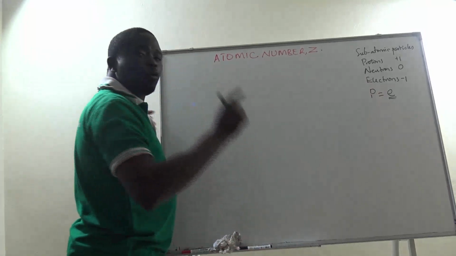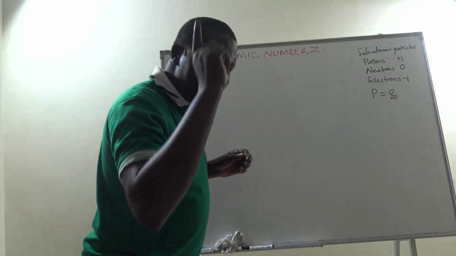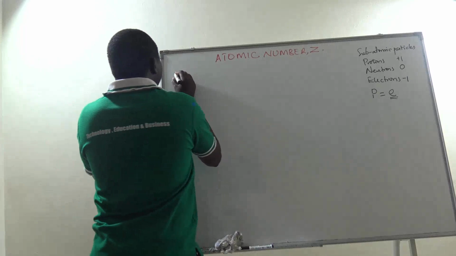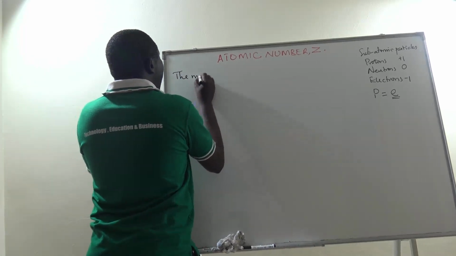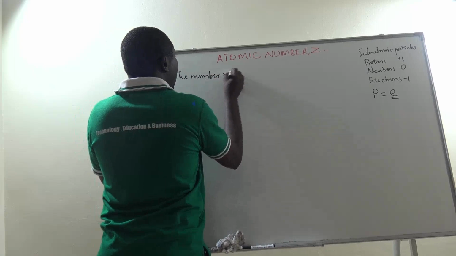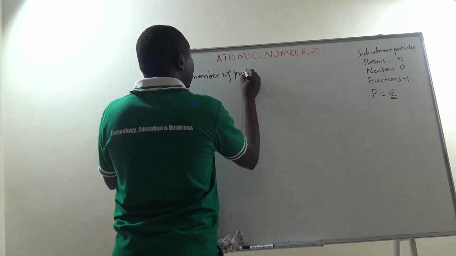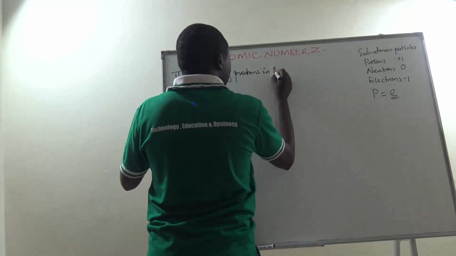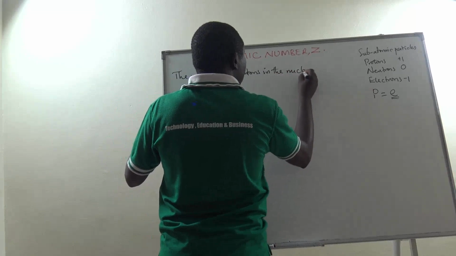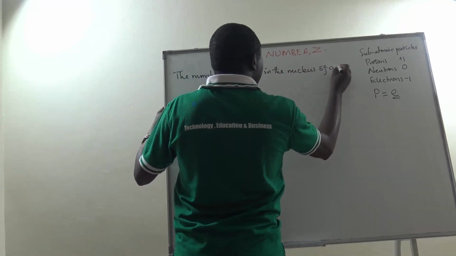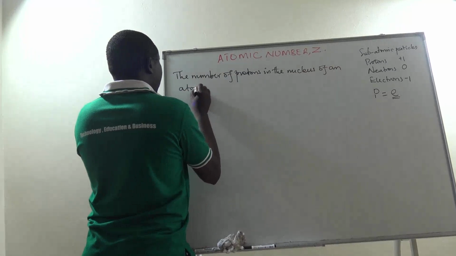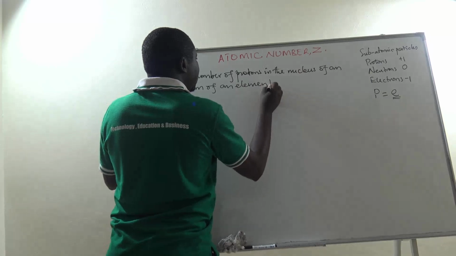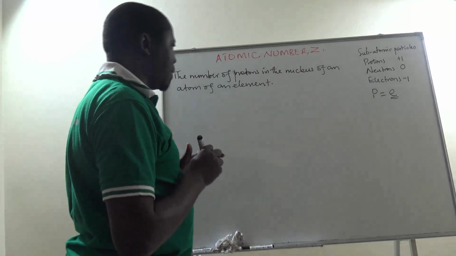So by definition, which you can be asked anyway in exams to define or to state what is meant by atomic number, atomic number is the number of protons in the nucleus of an atom of an element. So this is what we call atomic number.